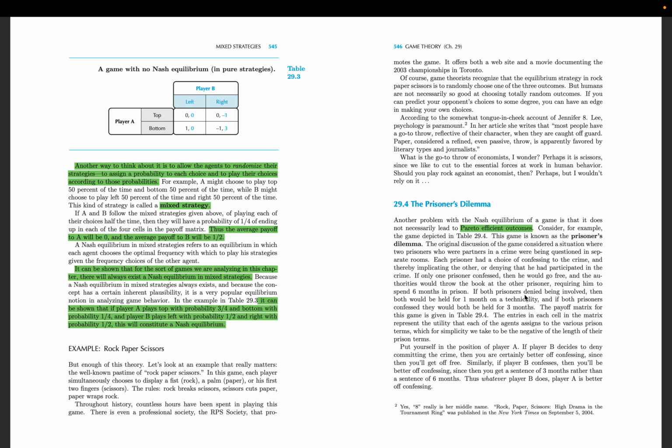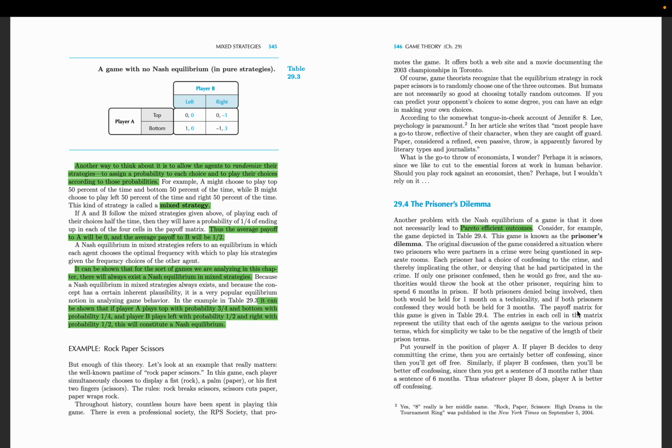If one of the prisoners confesses to the crime, he would walk away, and the other one would be required to spend 6 months in prison, which is pretty intuitive. If both prisoners denied being involved, then both of them would be held for 1 month on a technicality, and if both prisoners confessed, they would both be held for 3 months.